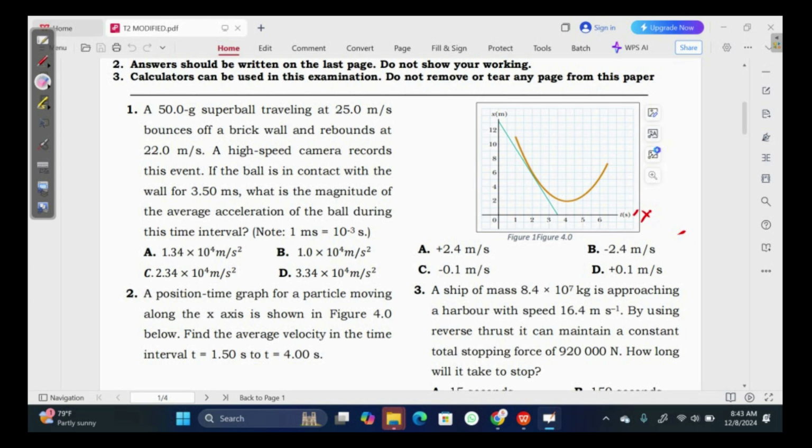By using a reverse thrust, it can maintain a constant total stopping force of 920,000 Newton. How long will it take to stop?